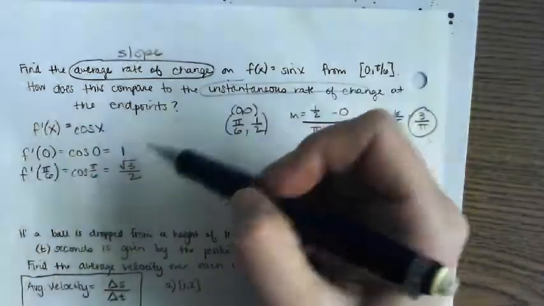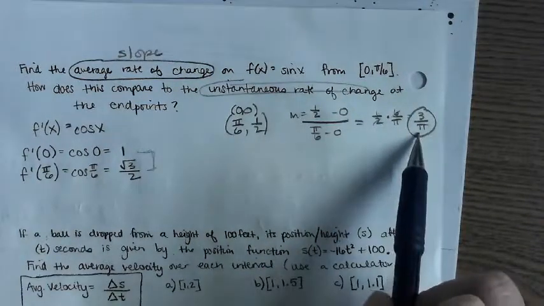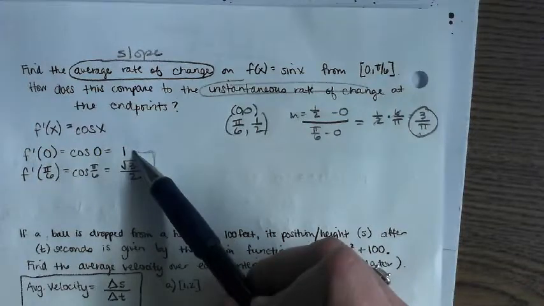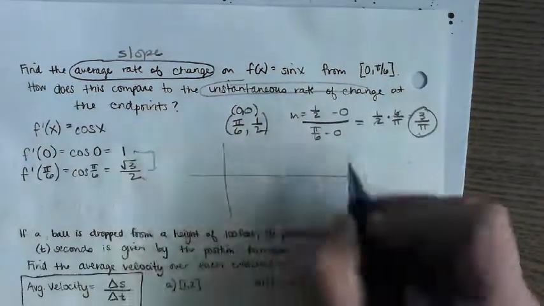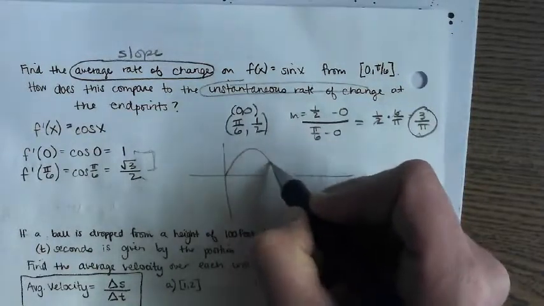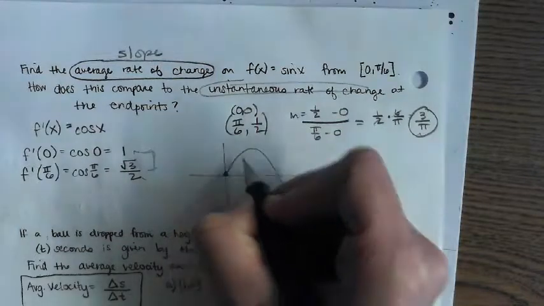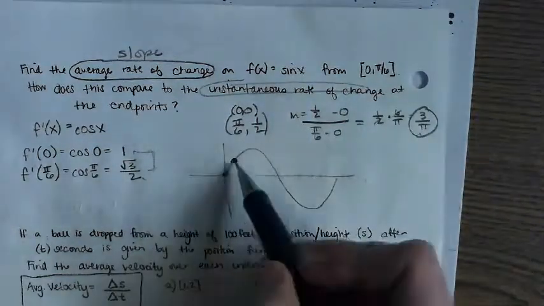So when you're asked to compare the average rate of change to the instantaneous rate of change at one endpoint versus the other, what are they getting at here? Let's see. So if I sketch the sine of x curve, they're looking for the average rate of change from 0 to pi over 6, which is really there.